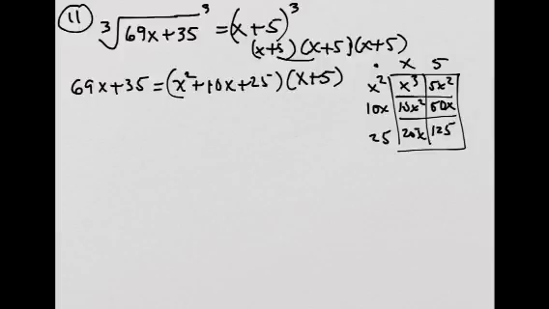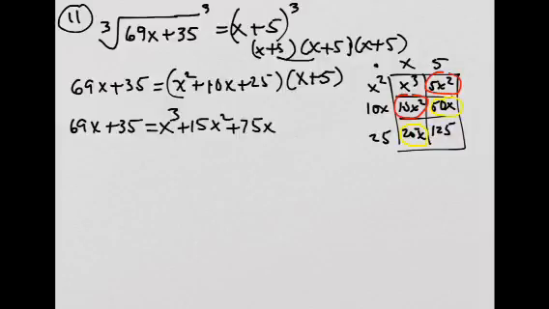So we're going to have 69x plus 35 equals x cubed, and right here this one and this one are like terms, so that gives me 5 and 10, that's 15. And then this one and this one are like terms, so that gives me 50 plus 25, that's 75, plus 125. So I'm going to subtract 69x from both sides and 35.